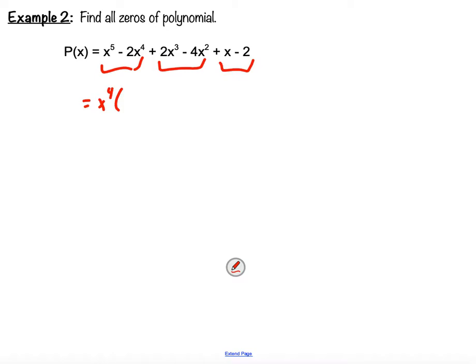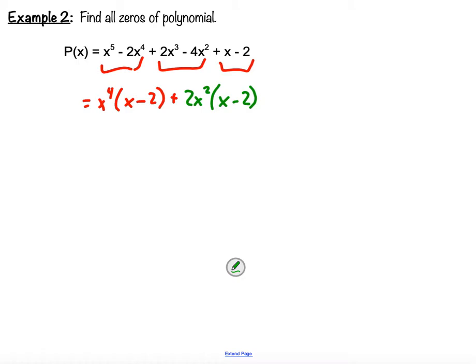If I take x to the 4th out of that x to the 5th term, what's left? An x. If I take x to the 4th out of that second term, what's left? A -2. All right, what about the second set? What's the GCF there? It would be 2x squared. So then what's left? x minus 2.